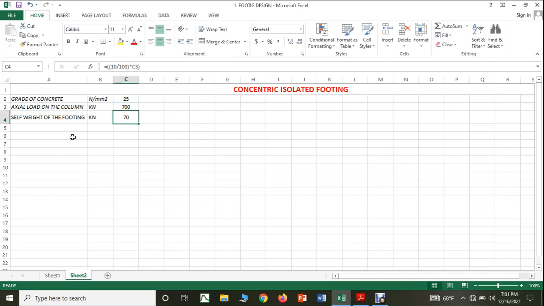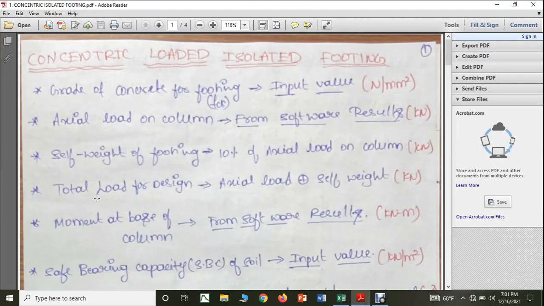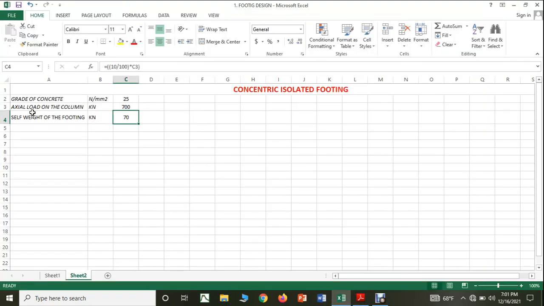Okay. So once the self weight is given, what is my next step? I have to take the total load for the design. The total load is nothing but your axial load and self weight. This is also adding, so I can again develop the formula. Total load on the column, that will be again in kilonewton only.